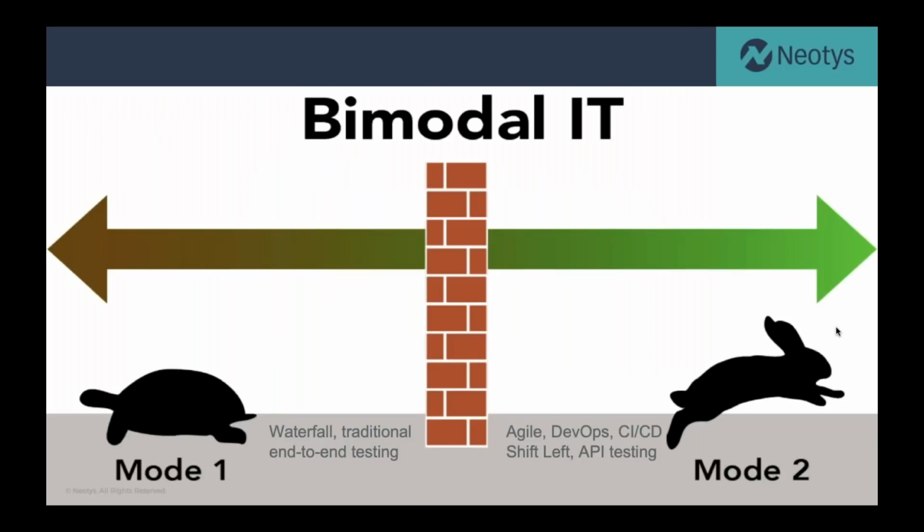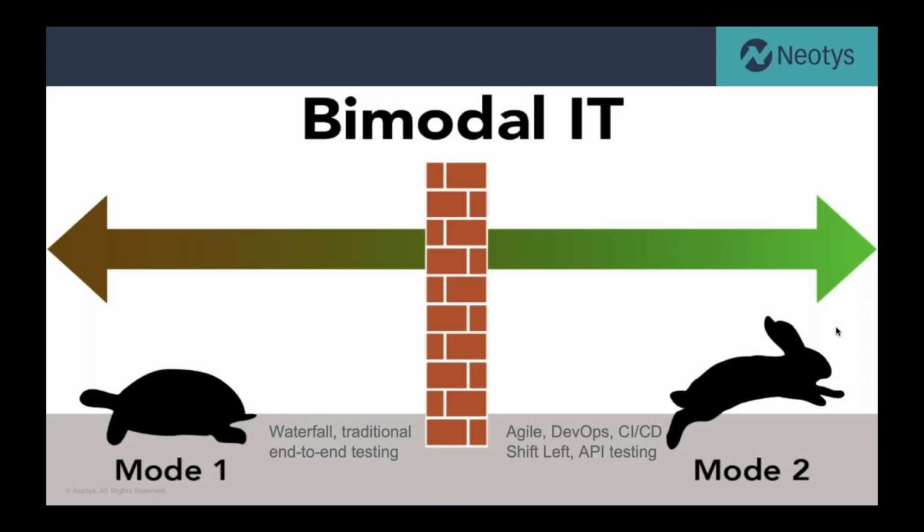So you guys may have heard of Bimodal IT. This is a term that Gartner coined, and it's used to describe what's been happening in the market for a very long time, which is most enterprises have two different modes of developing applications and two different types of applications that they use those approaches to develop.